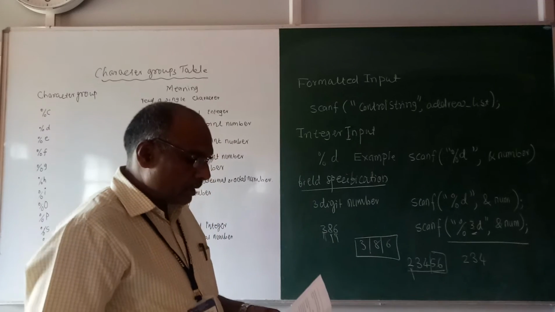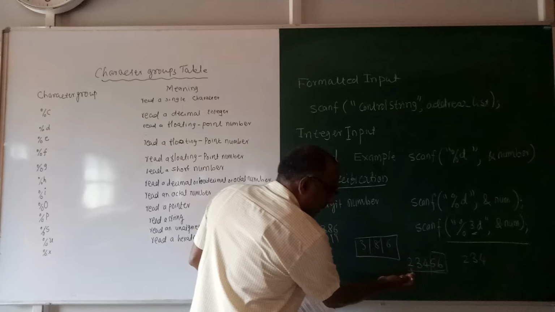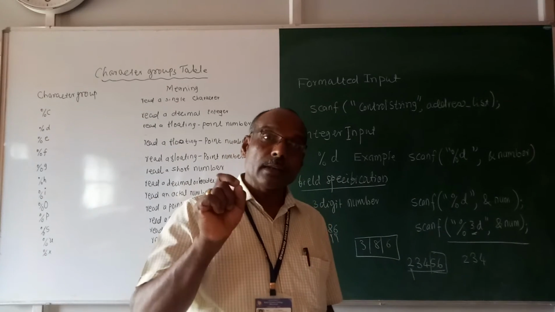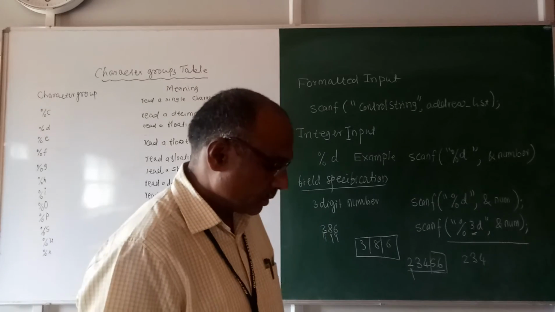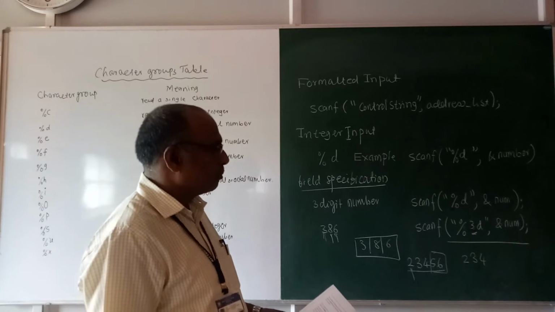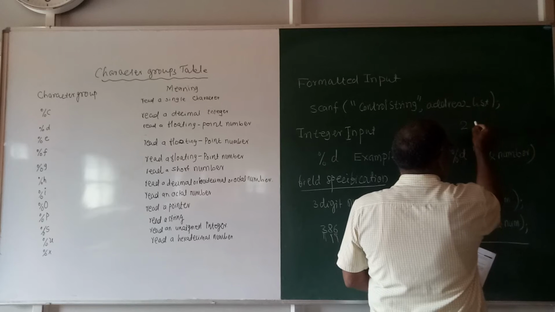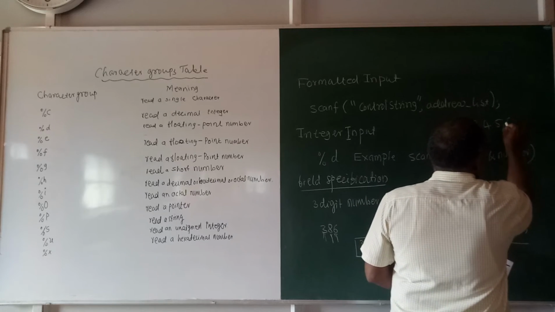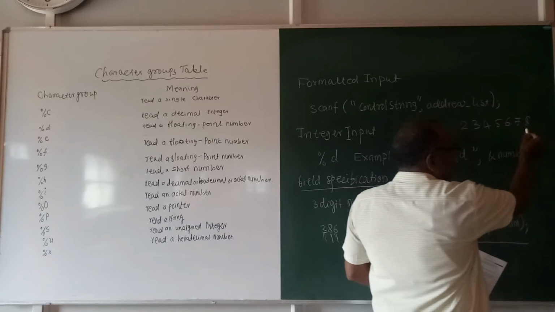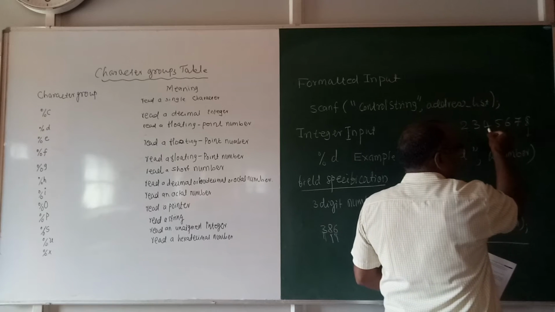So what happens here, the digits of the number which we are feeding as input are right justified in formatted input. Right justified in the sense, if I write this number 2, 3, 4, 5, 6, 7, 8, the rightmost digit will be first, second, third, fourth, fifth, sixth.